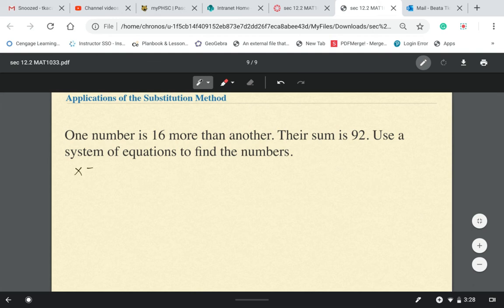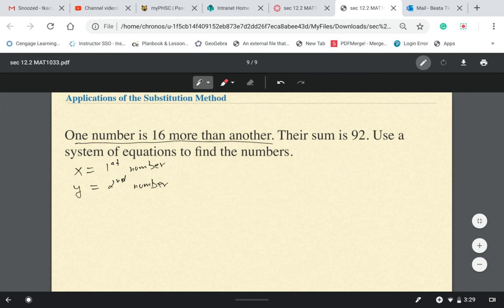So x will be the first number, y is the second number. Since you have two variables, you need two equations to solve this problem, which means we need a system of equations. So we're going to start creating the first equation. They're saying one number is 16 more than another.